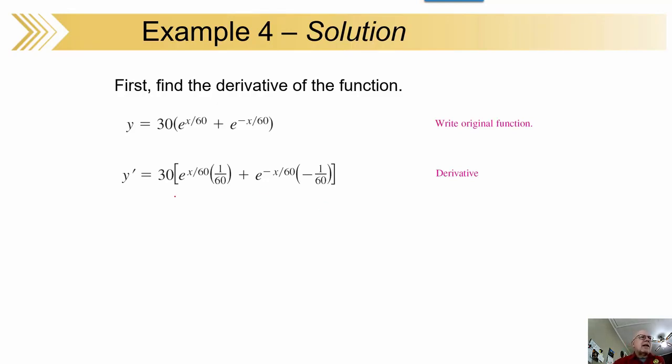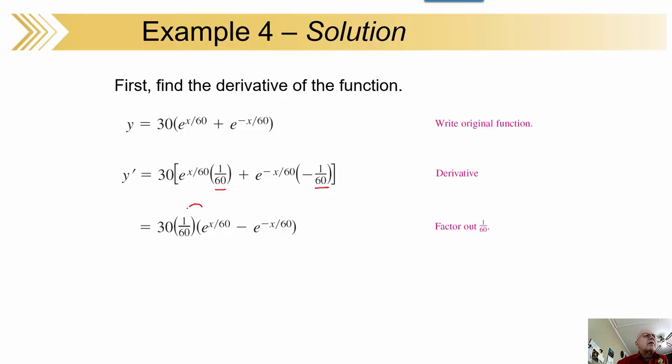So we've got our constant out front, so we can forget about the 30 temporarily. The derivative of this, just write the same thing, and then the derivative of the inside function is right here. And then the second one, just copy that down, and then take the derivative of what's inside here. That's the derivative of the inside part. So you've got both of those have 1 over 60.